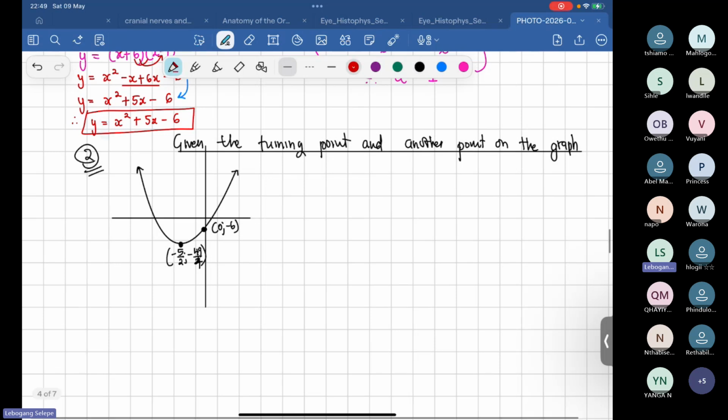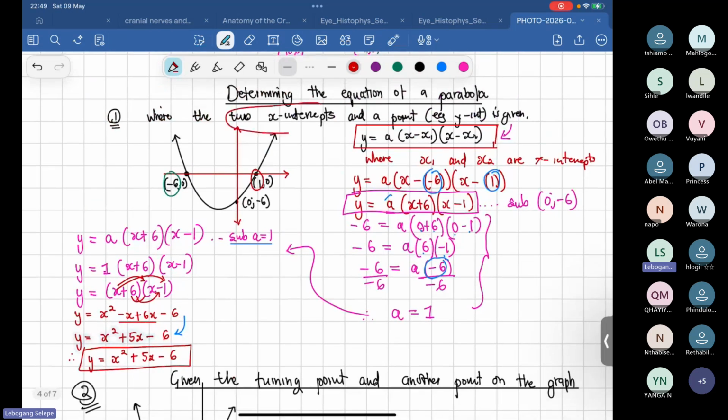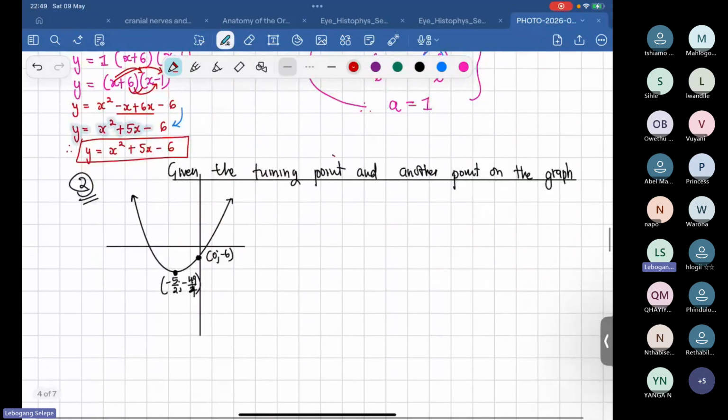Remember, initially we were given the two x-intercepts and a point. But now we are given the turning point and another point.